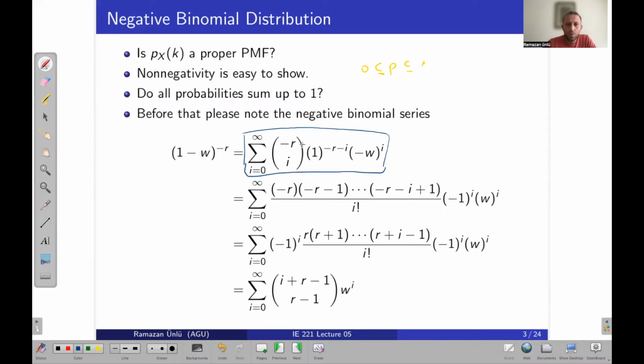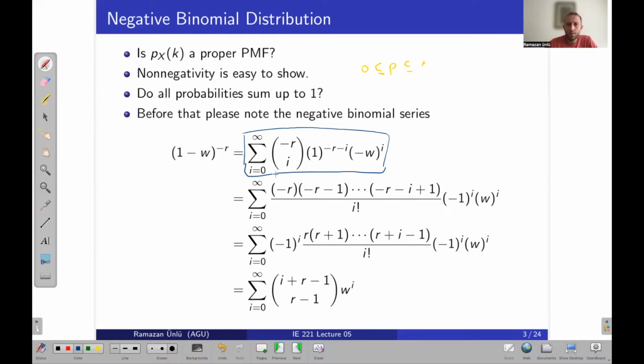So if that is the case, we have the summation of minus r choose i times 1, this is the first term of this one, to the minus r minus i, times the second term, minus w, to the i, the index.